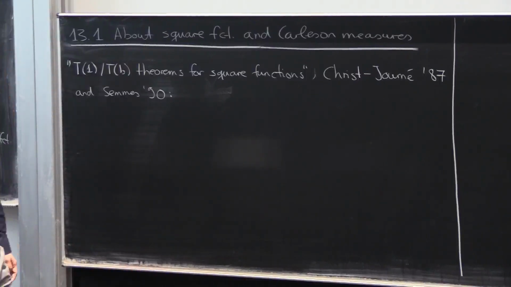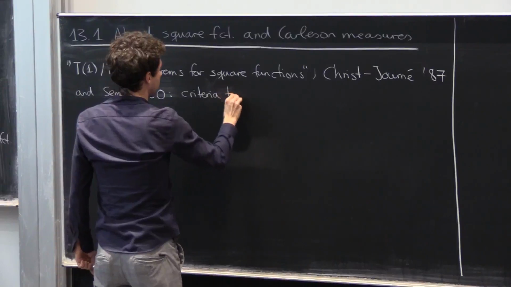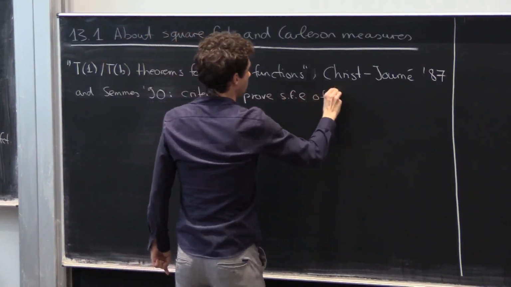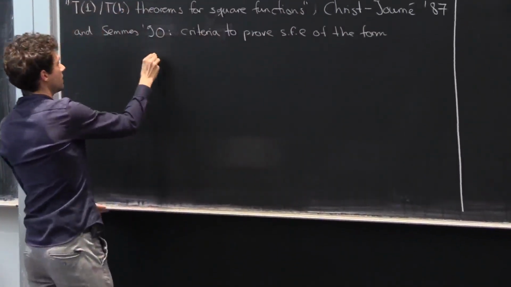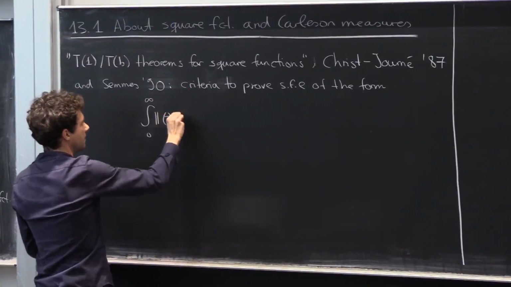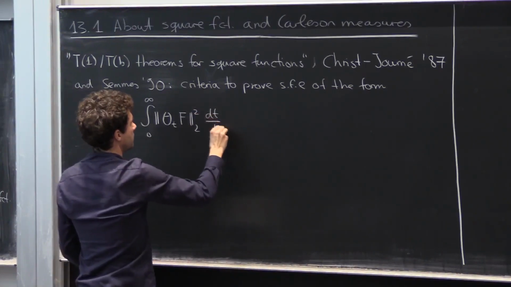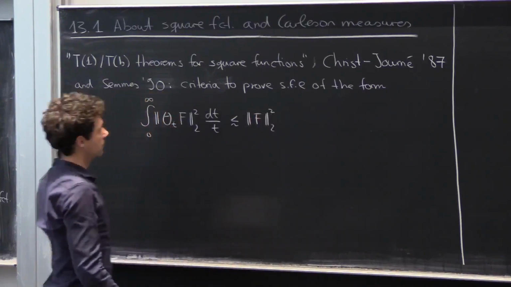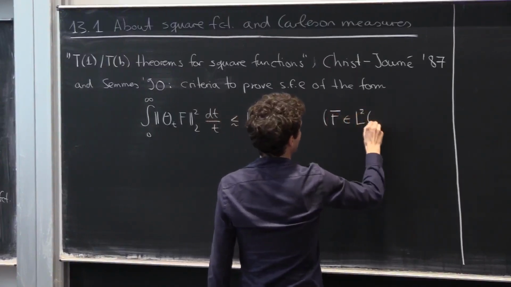Okay, and for you, just think of these theorems as criteria to prove square function estimates of the following form. So these guys looked at estimates that look exactly like what we're trying to do. So there's going to be a capital Theta of f, L2 norm squared dt over t, controlled by f L2 norm squared. Okay, and the estimate should be true for all f in L2 on R^n, say.